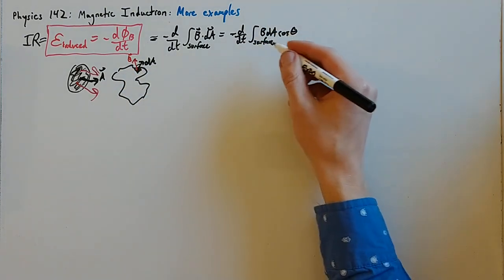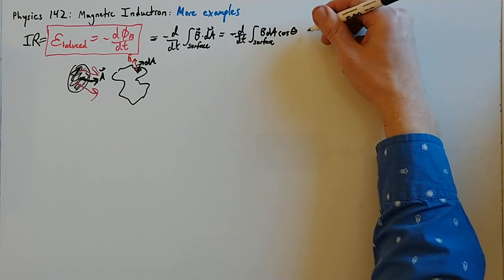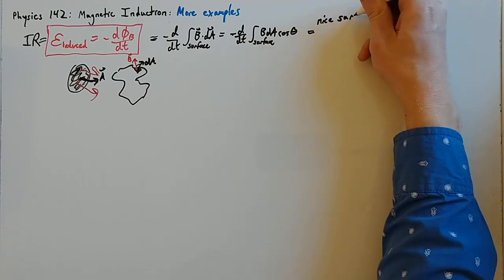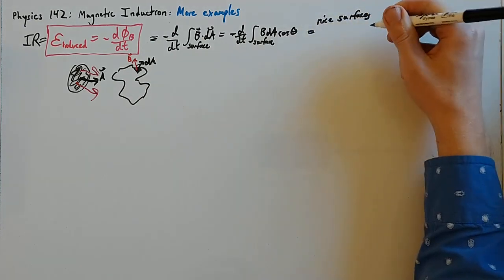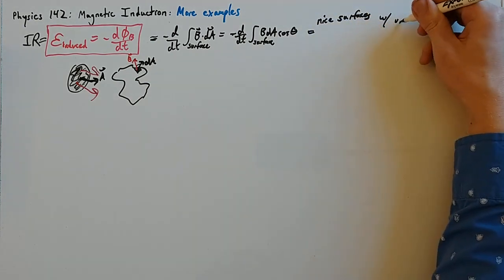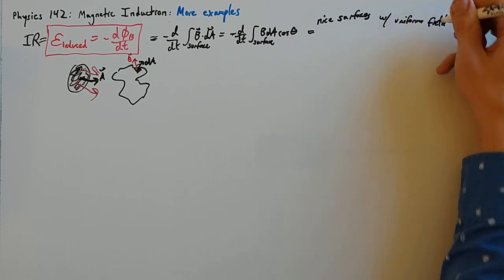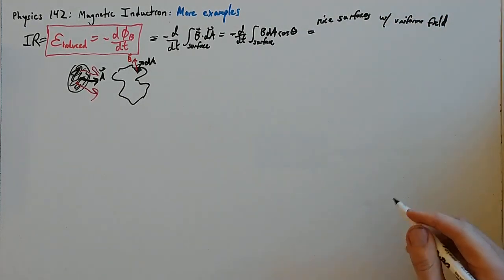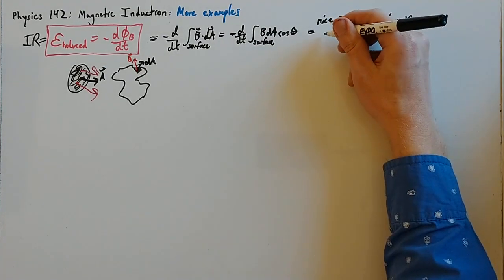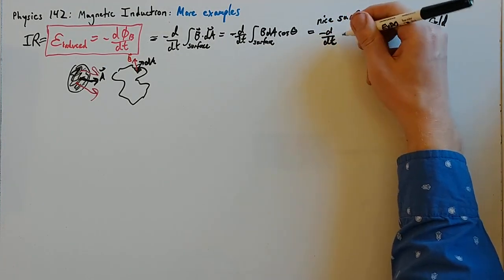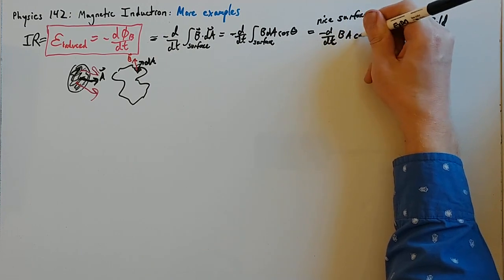And so for nice surfaces with uniform field, we just get that this is minus d dt of B A cosine theta.